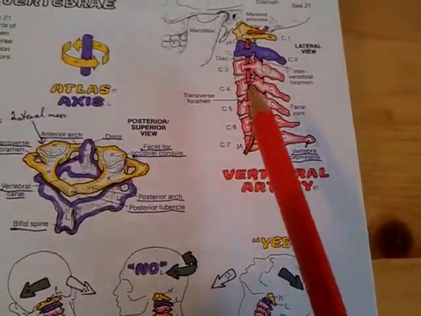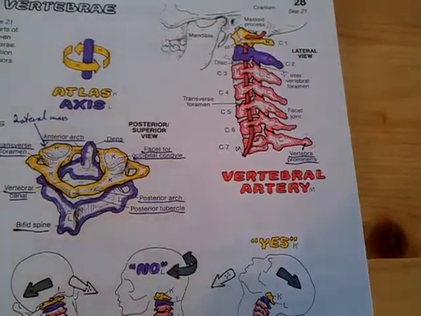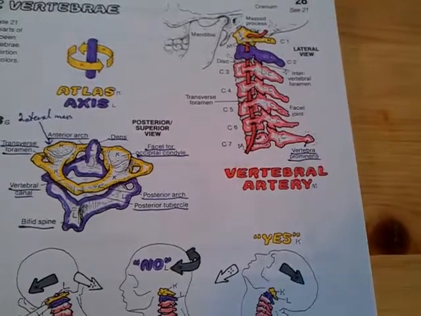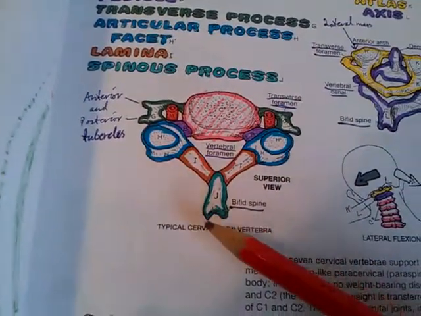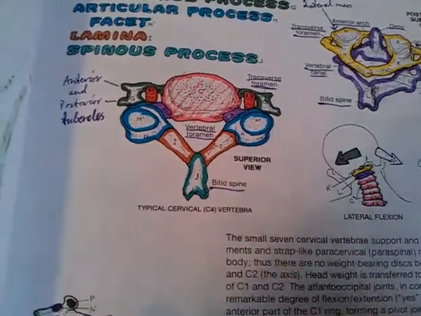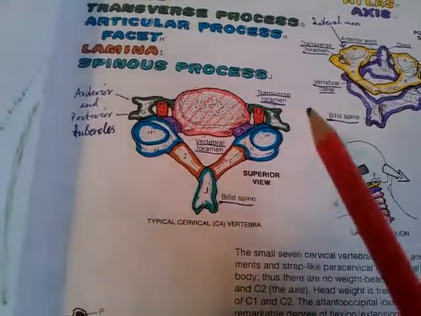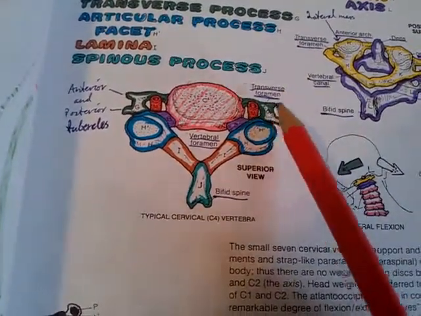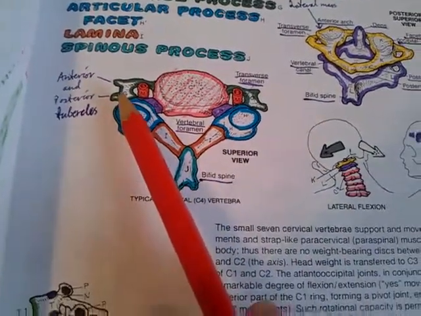See, the vertebral artery goes up through the transverse foramen of the 7 cervical vertebrae. Now the end of the spine is split, so it's called a bifid spine. And the transverse processes are also divided into anterior and posterior tubercles.